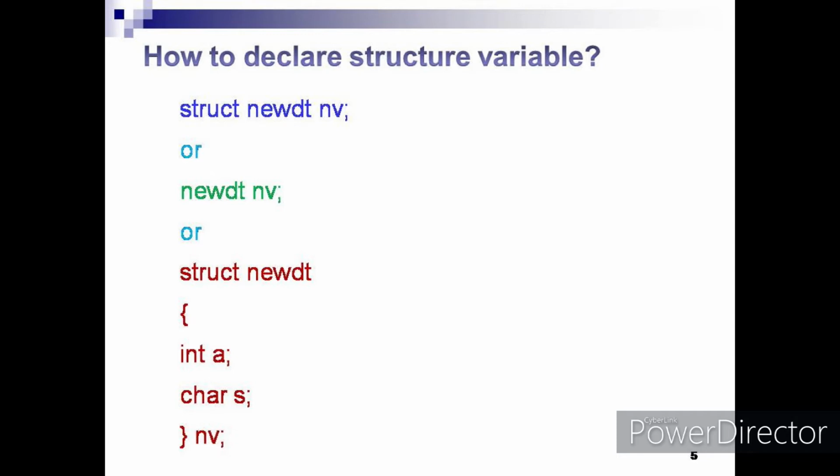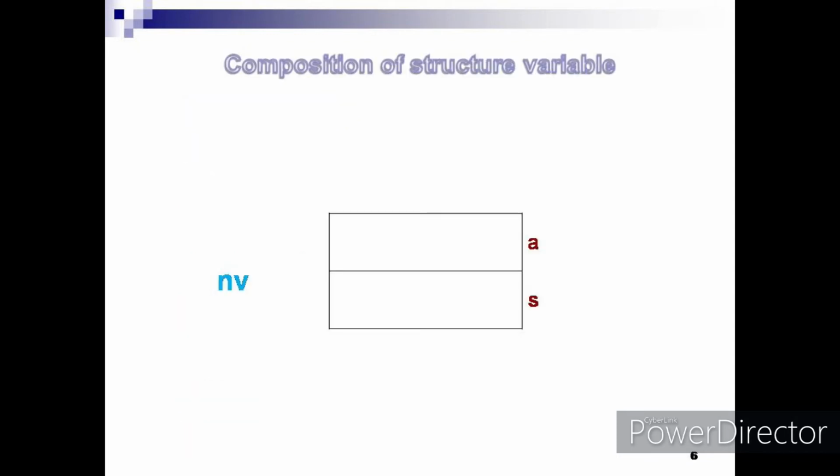Another way for creating a variable is, after the closing braces, we can mention the name of the variable as shown in the last alternative. Now thinking about the composition of the structure variable, nv is our variable and internally it has two members a and s, or nv is simply a combination of a and s.